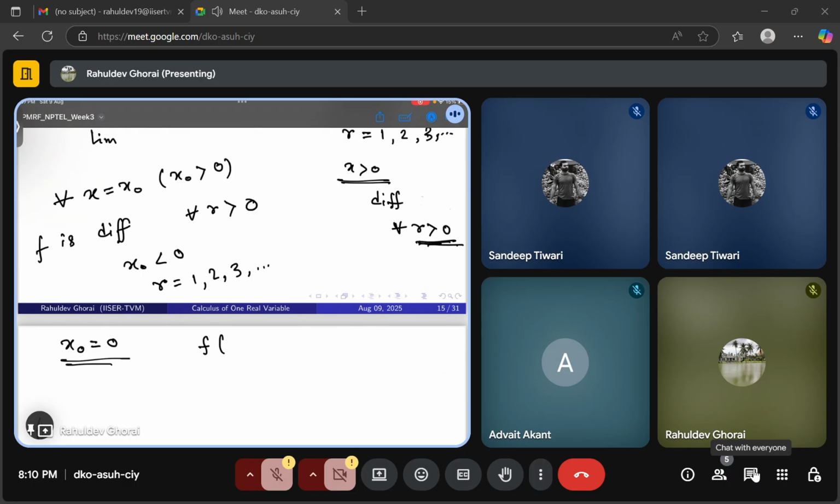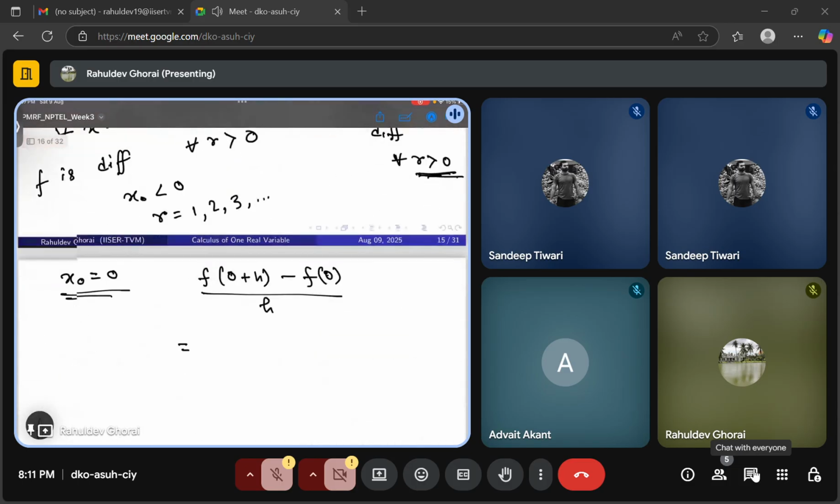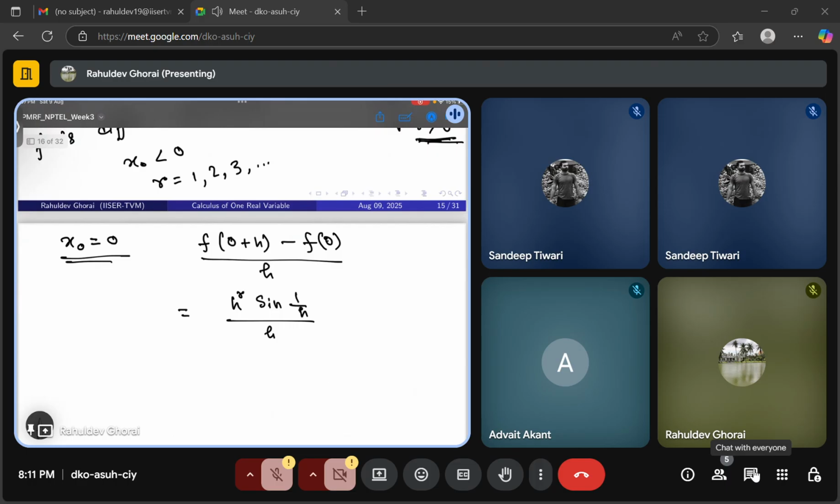Now we take the ratio, which is over h, and that will be h to the power r sine of 1 over h, over h, right? Because f(0) is 0 given, so h to the power r minus 1 sine of 1 over h.